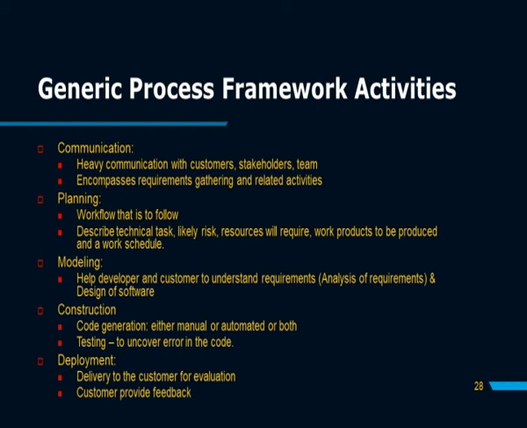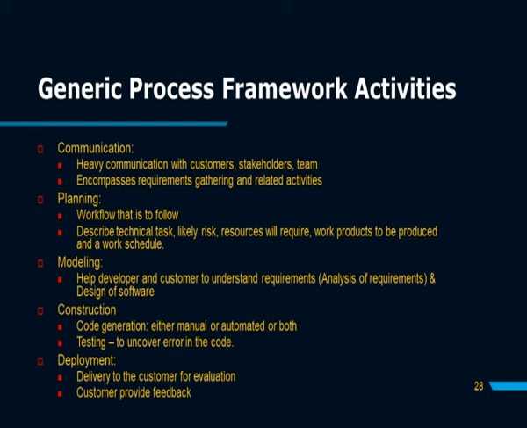Then modeling encompasses the creation of models that allow the developer and customer to better understand software requirements and the design that will achieve those requirements. Then construction combines code generation and the testing required, uncovering errors in the code. Then deployment delivers the product to the customer, who evaluates the delivered product and provides feedback.